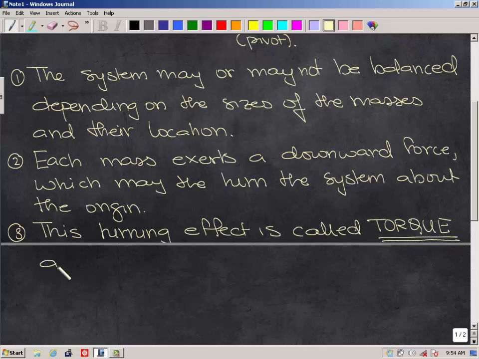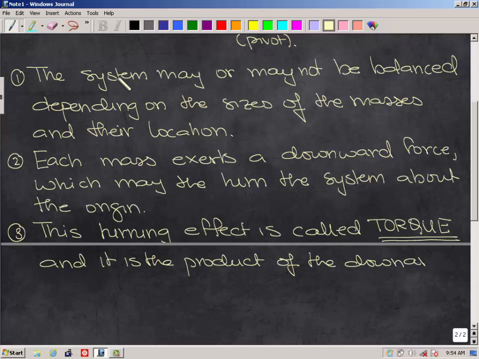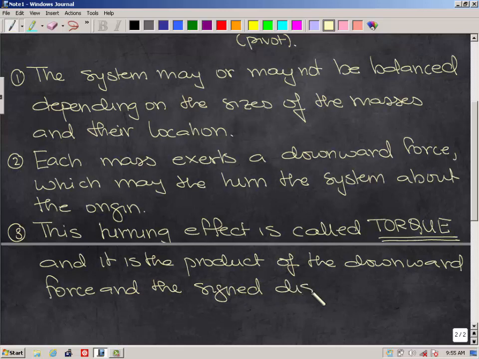Torque is the product of the downward force and the signed distance of the mass from the origin.